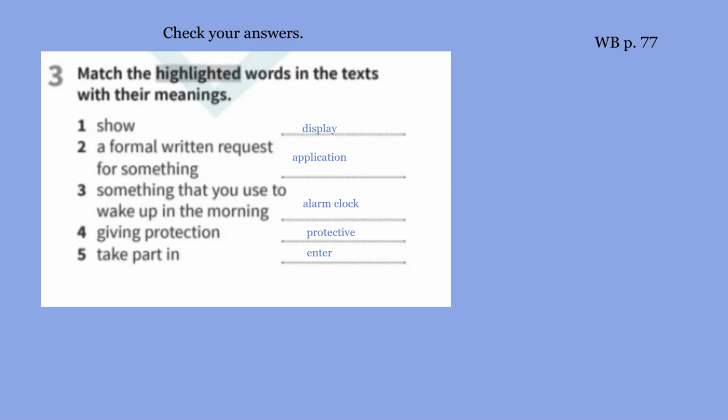Display. 2. A formal written request for something. Application. 3. Something that you use to wake up in the morning. Alarm clock. 4. Giving protection. Protective. 5. Take part in. Enter.